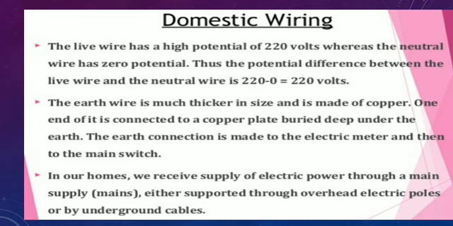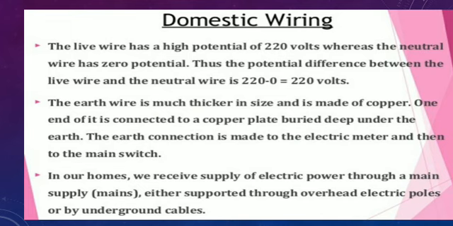The earth wire is much thicker in size and it is made of copper. One end of it is connected to a copper plate buried deep under the earth. The earth connection is made to the electric meter and then to the main switch.